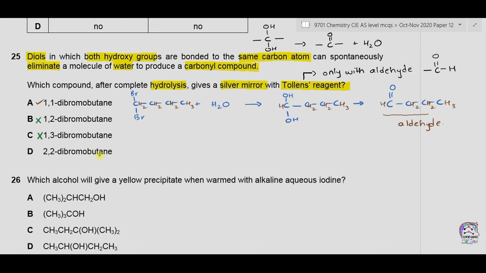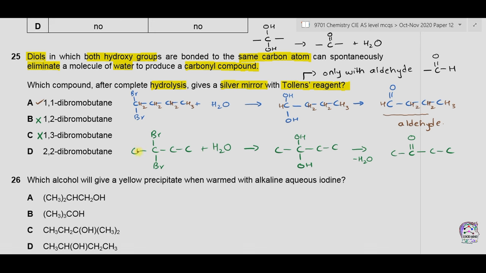D is 2,2-dibromobutane. So we have 4 carbon atoms in butane, and on second carbon we have 2 bromine atoms. Upon hydrolysis, it will form alcohol. OH groups replace bromine atoms. And as we can see that OH groups are attached with the same carbon, elimination of water molecule will occur and a carbonyl carbon is formed.